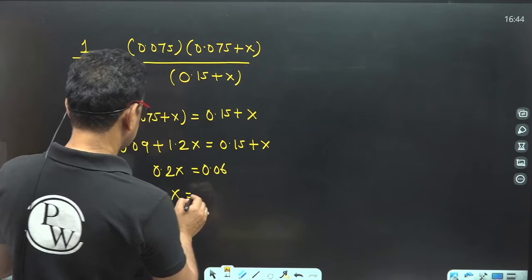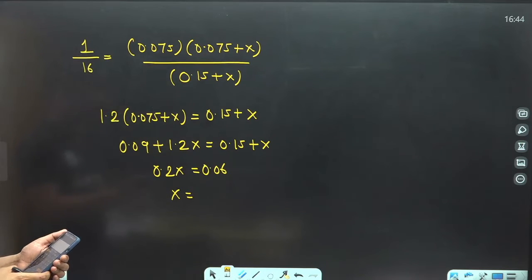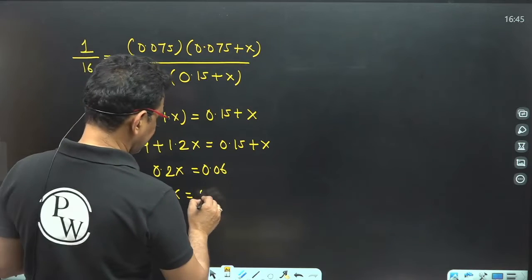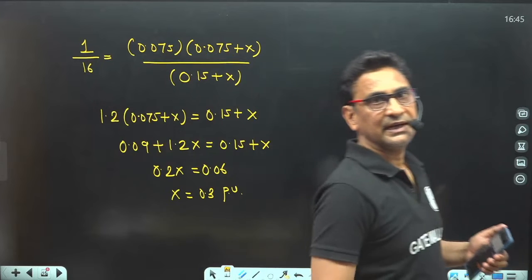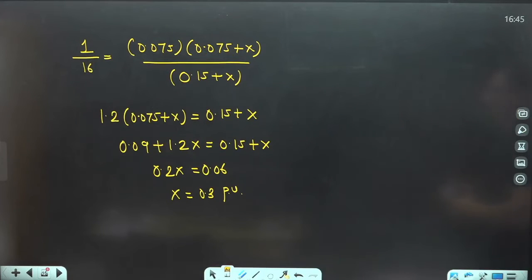So the value of X is 0.06 divided by 0.2, which is 0.3 in terms of PU. See, this is X in terms of PU.